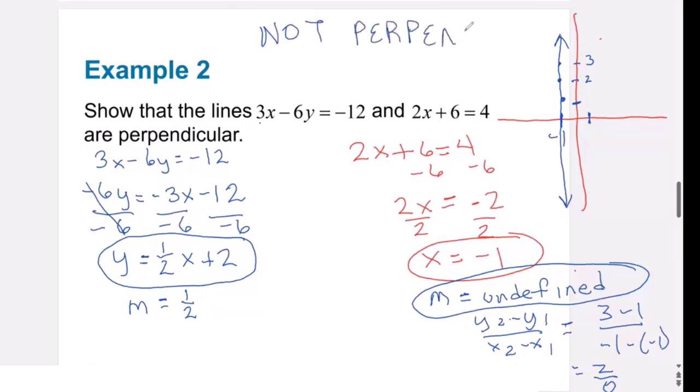So what would be perpendicular? Okay, so if I wanted a line perpendicular to this line, the slope of the other line would have to be -2/1, or -2.